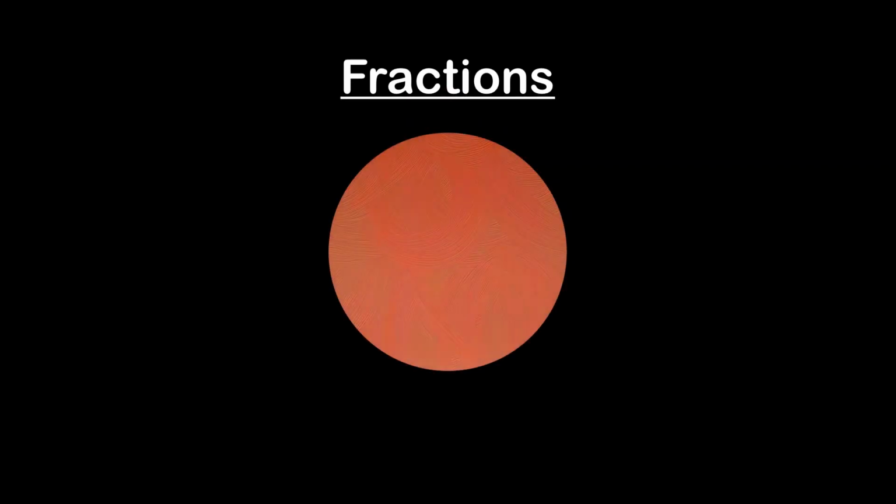So what is a fraction? The best way I can help you visualize what fractions are, I want to use as an example something we all enjoy eating, pizza. I want you to visualize this big circle as a pizza pie. And let's say, for example, you order an entire pizza pie for you and your friends.